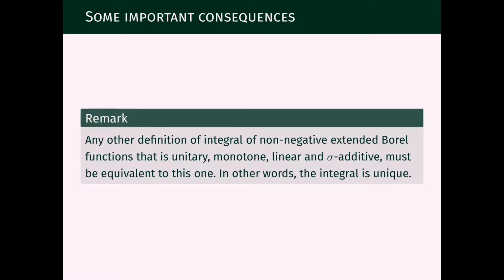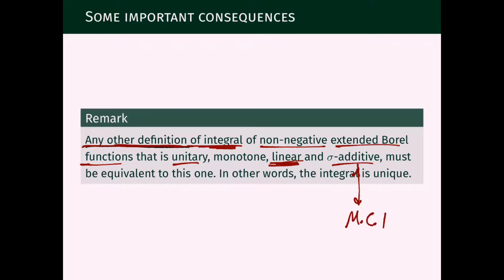The second take-home message is that any other definition that we could give of an integral for non-negative extended Borel functions would have to be the same, just assuming nothing more than it being unitary and sigma additive. And why is that? Well, sigma additive together with linear, once we know that it's linear, sigma additive is the same as satisfying the monotone convergence theorem.